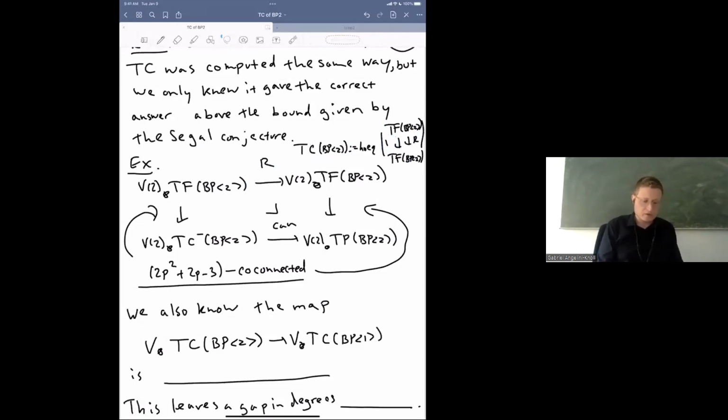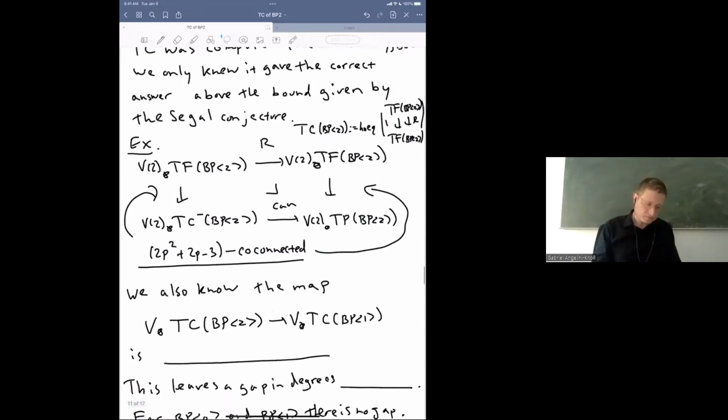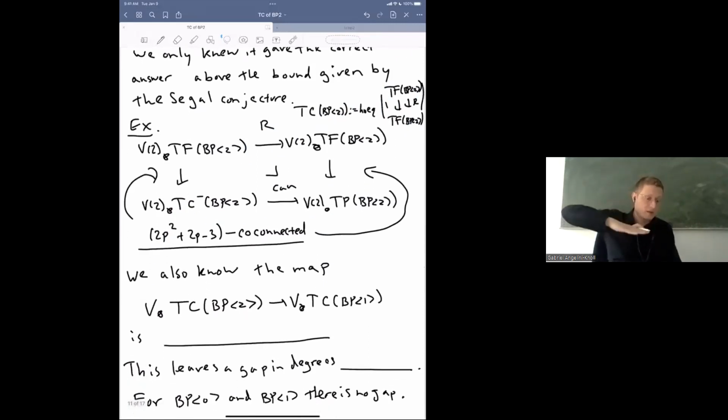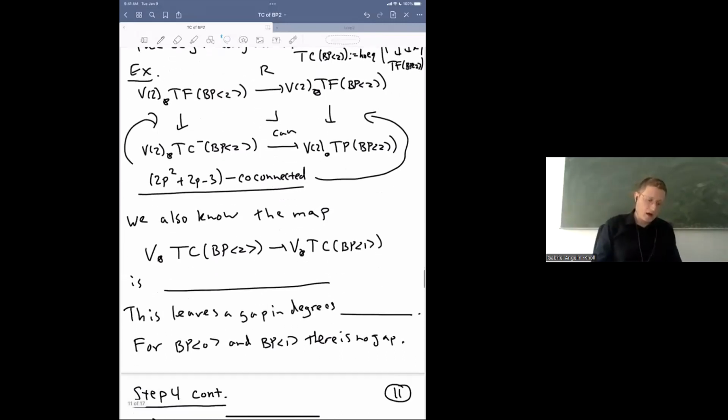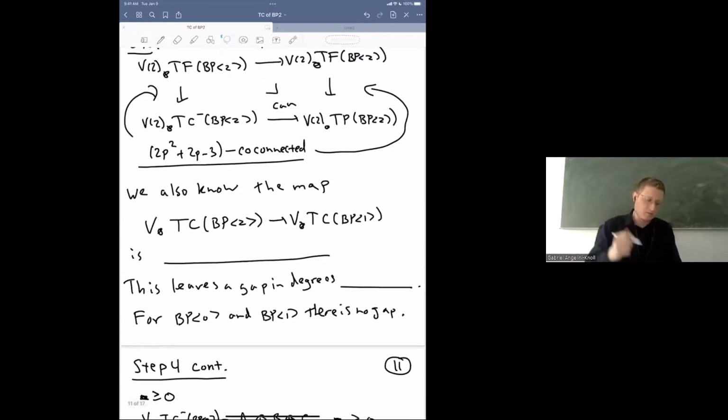So what you would do is compute this canonical map in sufficiently high degrees. That would give you the computation above some degree. And then you also knew the computation below some degree. This comes from a theorem of Waldhausen and the Dundas-Goodwillie-McCarthy theorem. So we also know that this map is 2p²−1 connected.